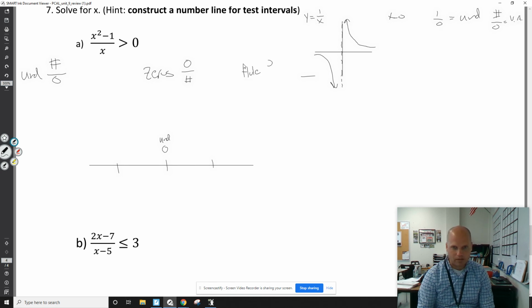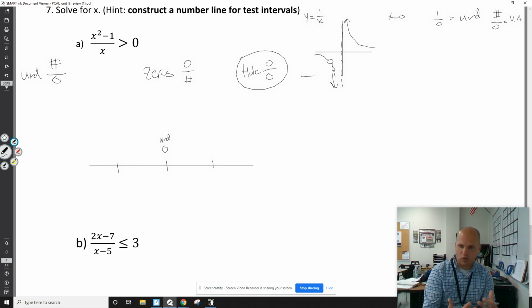Now, we will talk about this more in the next unit, why this is a hole. Now, what will show up in the way I teach my students is that you'll see the multiplicity of the root will be even, which means you will not change signs at a hole because the multiplicity will be even. So be wary about that.